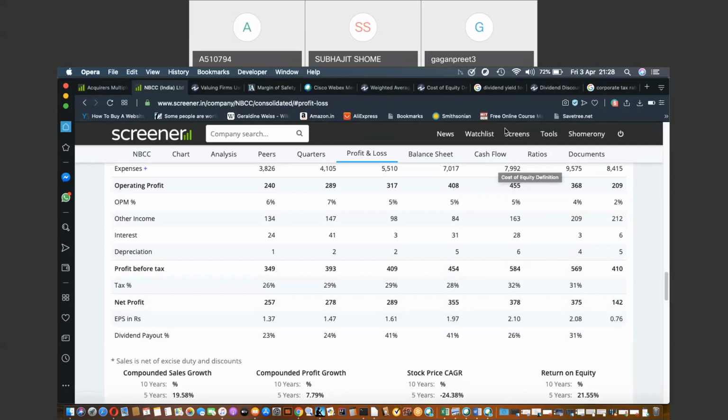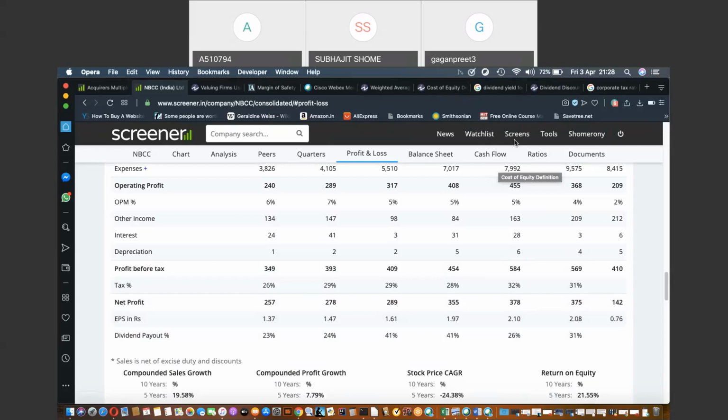I'm going by the formula above, finding out the inputs. So 612 into 0.75 gives 459.